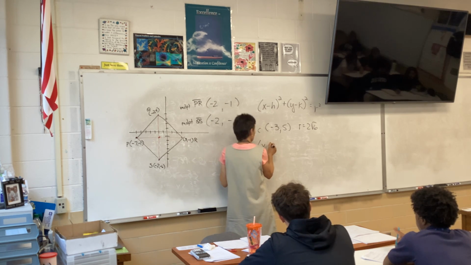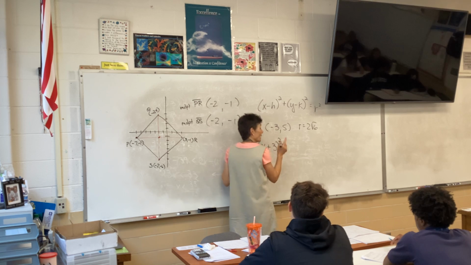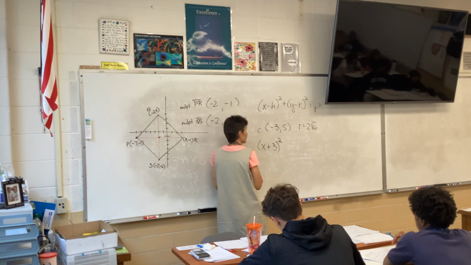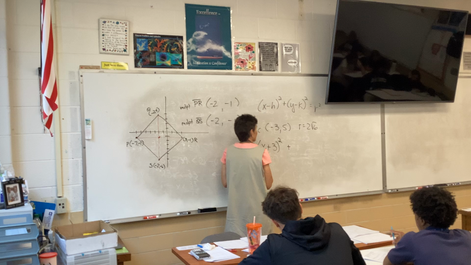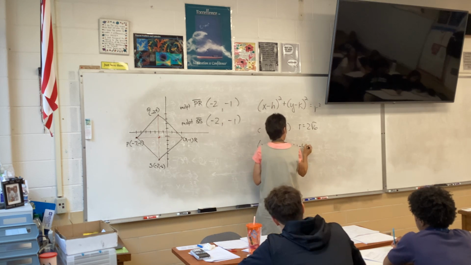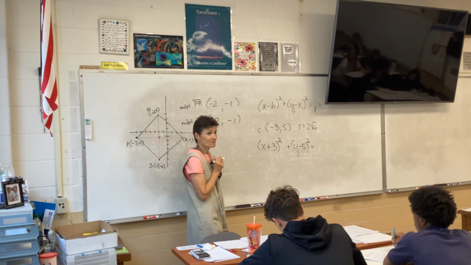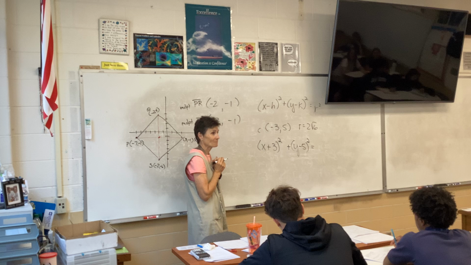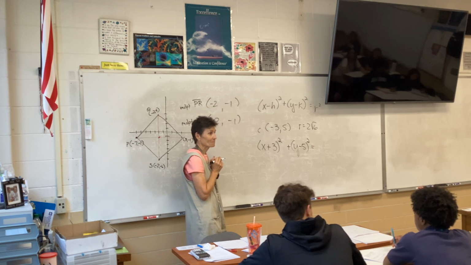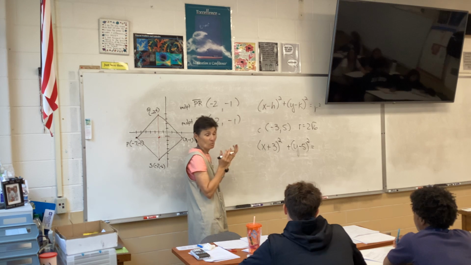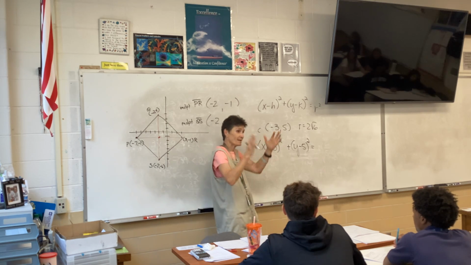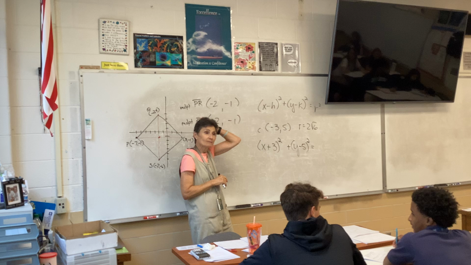X plus 3 squared, don't forget the squared, plus y minus 5 squared equals 2 times 6. 12. Oh. 24. It's 36. I'm hearing 12, 24, 36. Anybody else have a guess? 24.